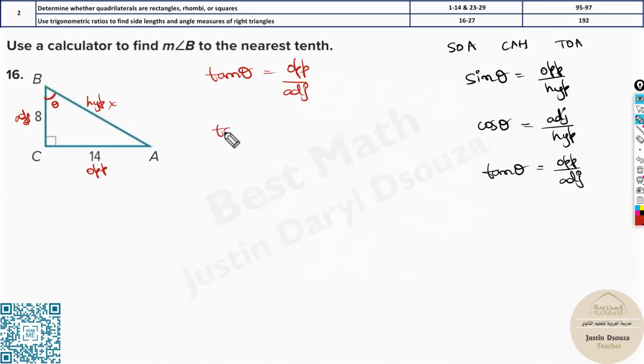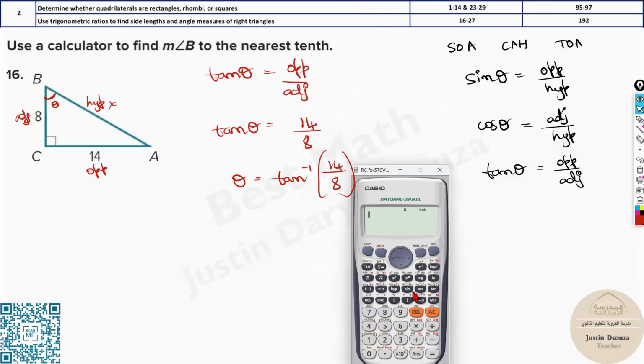So what is tan theta? You can write tan B or anything. Anyways, I'll just keep it as tan theta is equal to opposite, which is 14, divided by 8. Now use a calculator, and to find theta we have to take tan to the other side. It will be theta is equal to tan inverse of 14 divided by 8. Now you just put it in the calculator and you get the answer. To get tan inverse, if you click on tan, it's just tan.